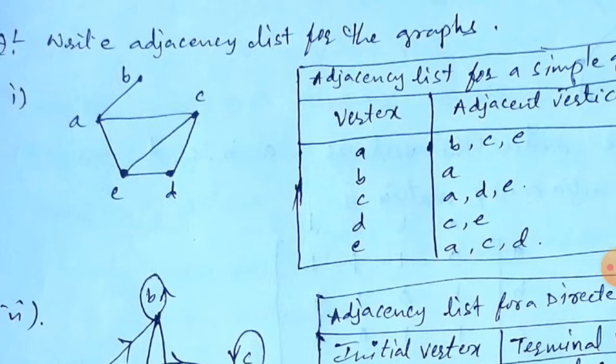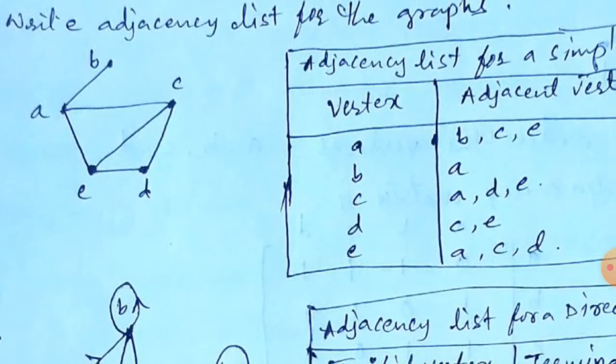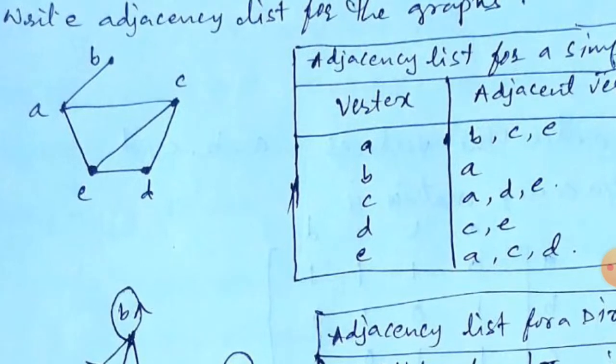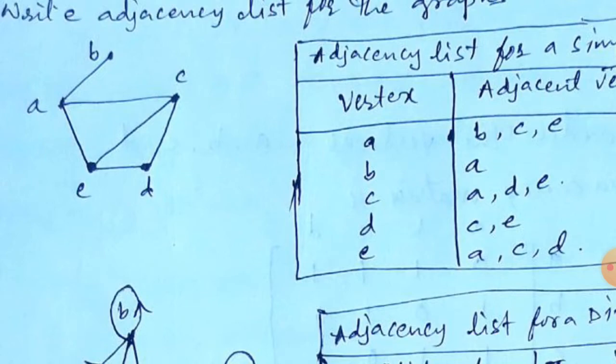And A to C there is an edge, so there is a line. That means C is adjacent to A. Now observe A to E there is an edge, so A to E or E to A, between A and E we will call it so. Then E is adjacent to A and A is adjacent to E. Observe A to D there is no edge directly.